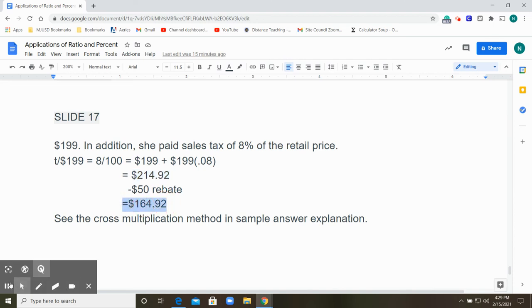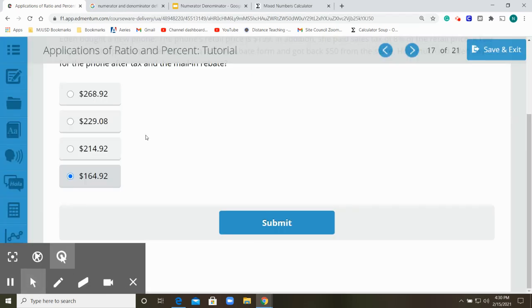Okay, so we can use our calculator or the tools that we already have in our pocket to solve these questions. Now, notice that the possible answers here are 214.92. That was one of the answers we got, but that only includes the sales tax.